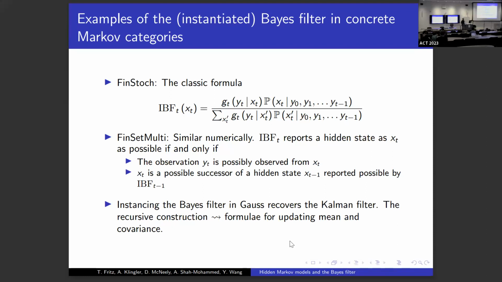Is this formula for IBF the Viterbi algorithm? The only thing I know about HMMs is that there's an algorithm called the Viterbi algorithm that everyone uses. Is that something we could recover from this formula? The name is new to me, but as far as the formula goes, yeah, it's pretty classical. So this is the classical formula. The name is new to me, I'm sorry.